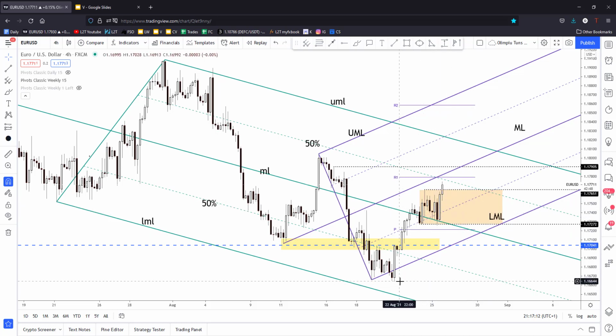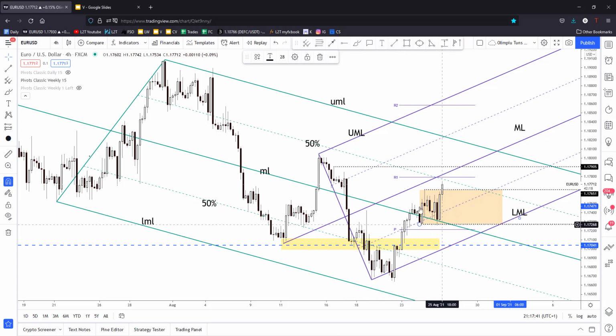And I told you that personally I'm still waiting for the price to jump towards the weekly R1, towards the medium line of the ascending pitchfork, because the price action has confirmed this ascending pitchfork after printing this major bullish engulfing, after registering only a false breakdown below the lower medium line. So it was seen only as a temporary decline to retest the medium line of the descending pitchfork, to move sideways before jumping higher towards the R1, towards the medium line of the ascending pitchfork.